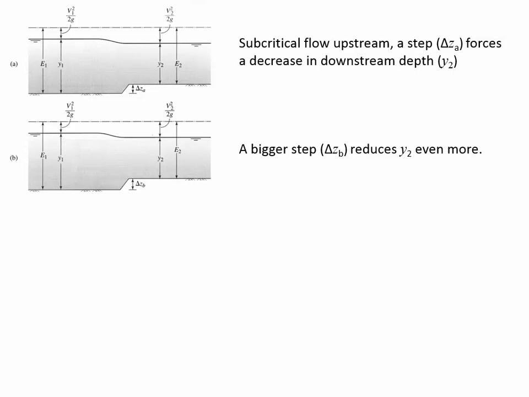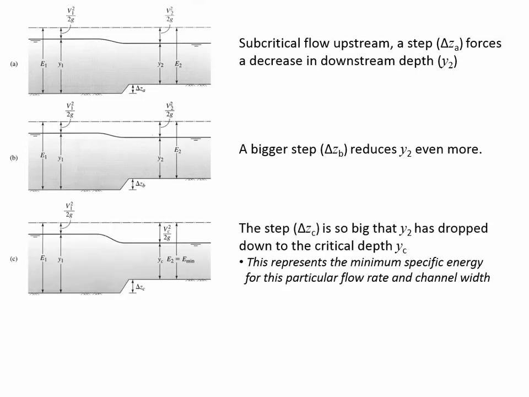Well, you've got a more extreme divergence between Y1 and Y2. Here in this first case, Y1 and Y2 were pretty close because delta Z was small. But now, Y1 and Y2 are getting further apart. The Y2 is a bigger, more exaggerated drop in the depth because of that step up.